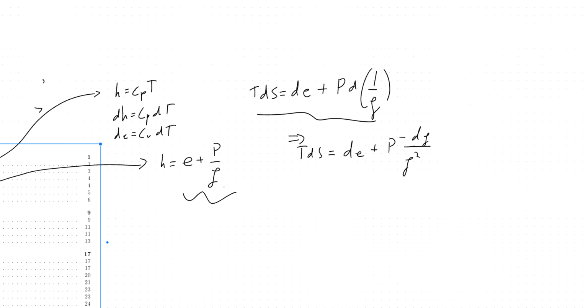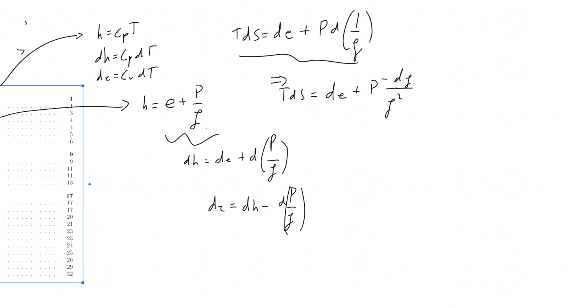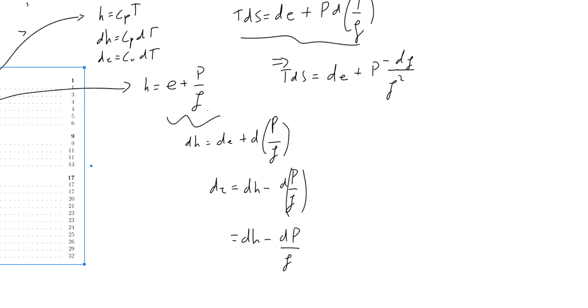And this is going to tell me if it's a minus or plus, because I can never remember correctly. dE equals dH minus dP over rho, which equals dH minus dP divided by rho minus P d(1 over rho).